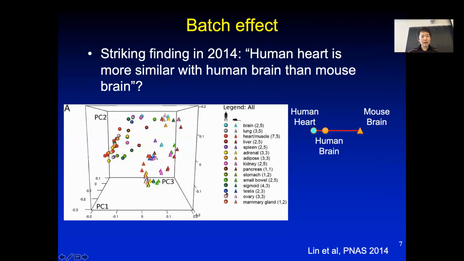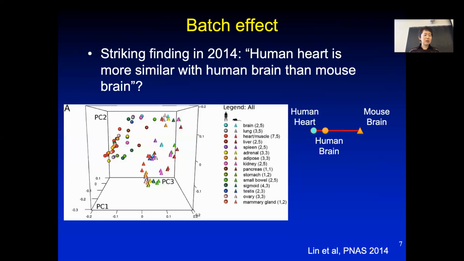The colors indicate the tissues, and the shape indicates whether the samples are coming from human or mouse. And you can see here, all the human samples are here, and all the mouse samples are here, which pretty much means human brain is closer to the human heart than the mouse brain. Which, if it is true, would mean that all the previous studies done in model organisms are not worth looking at, right?